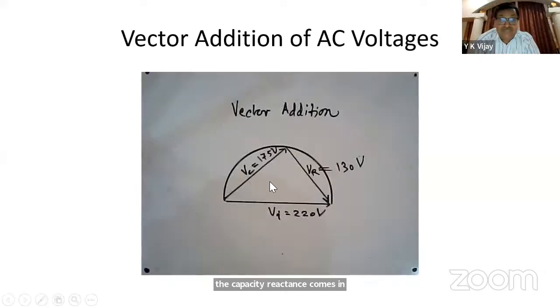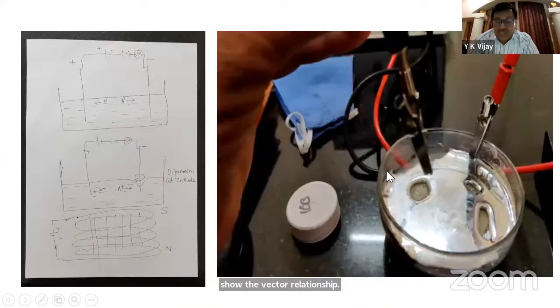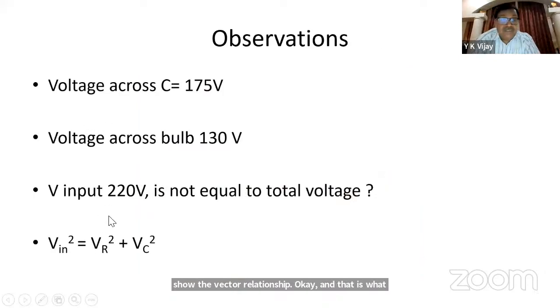One can verify this vector law, the voltage ratio, because the input voltage, 220 volt, is not exactly equal to the voltage across C and the voltage across R. It means they show a vector relationship. We can verify it using VI square equals VR square plus VC square.